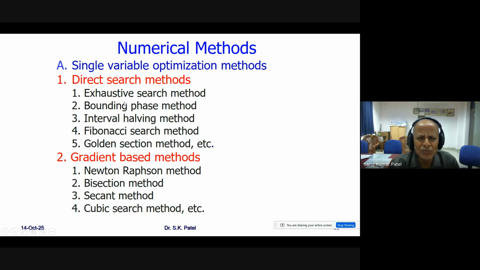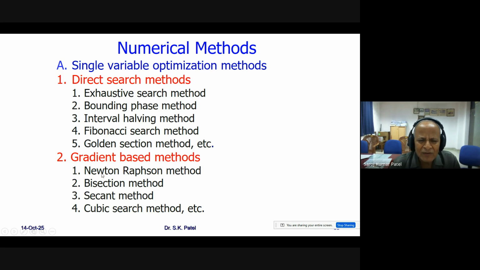Using any of these two methods we reduce the search domain to a smaller interval, and then from the last 3 methods, any one you can select, and then we can fine tune it, and finally we can tell with some precision that the optimal solution will be present in a very small interval. It will not give you a point estimate, an exact single value. It will give you a range of values, because it is not 100% accurate. It is an approximate value. We can say on an average, the optimal solution will lie from this point to that point. So it will be an interval estimate.